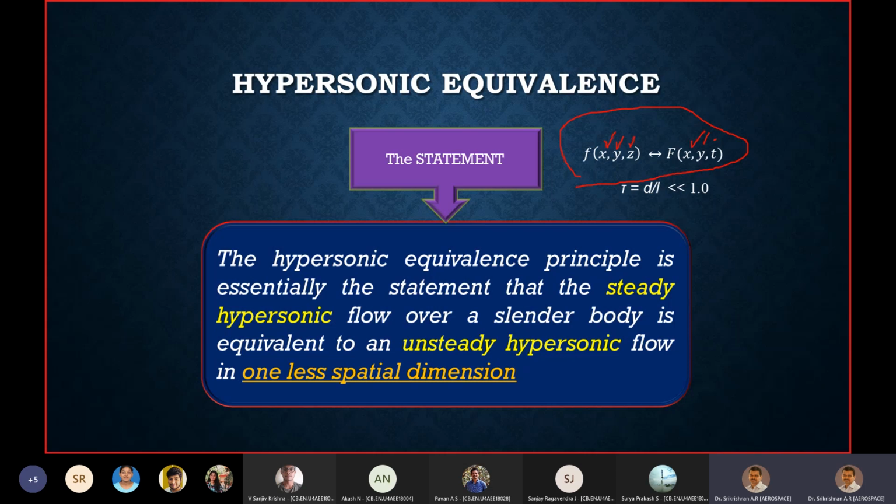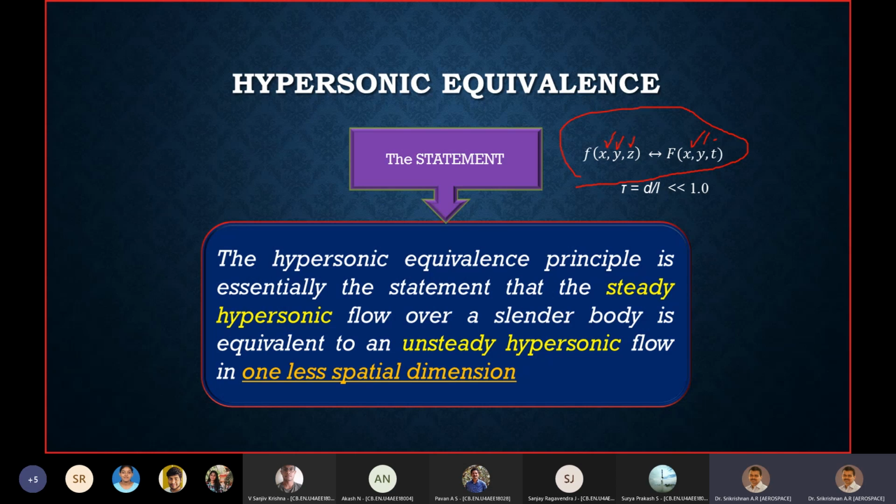So this statement, which derives from the observation of the mathematical equivalence of the equations, is what is known as hypersonic equivalence.